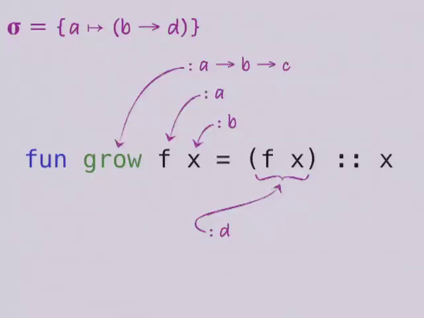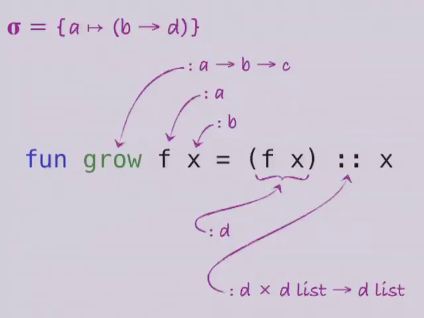So we learned something. Now we have to look at the only other part of this function, which is the cons operator, that double colon there. The cons operator has this very interesting type, d cross d-list to d-list, which translated from ML means it takes two parameters, one of type d, the other of type list of d, and it returns list of d.